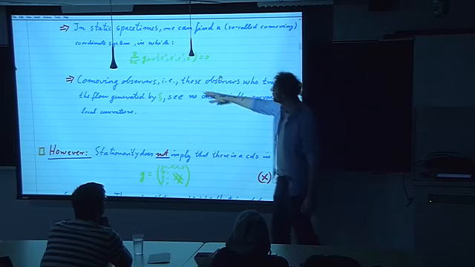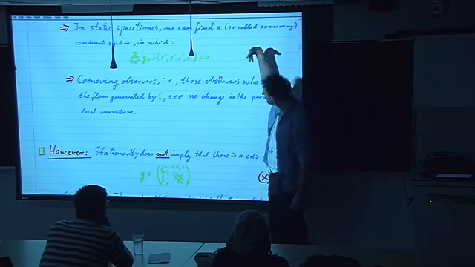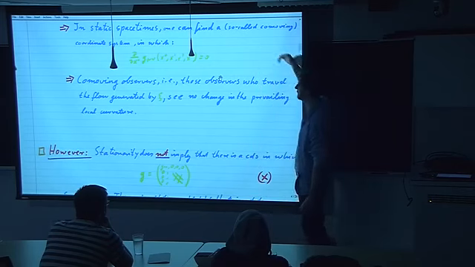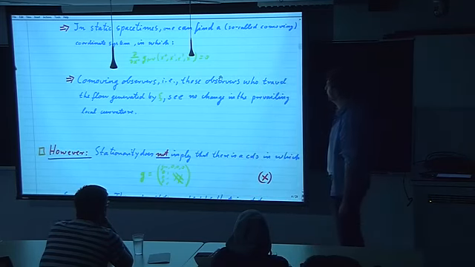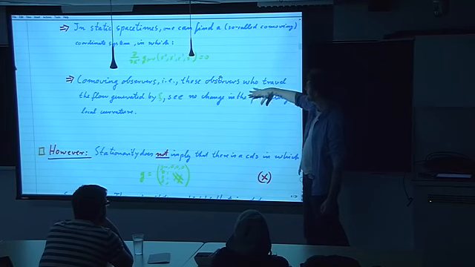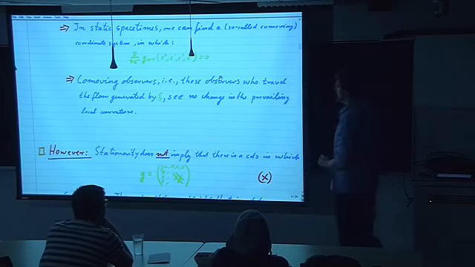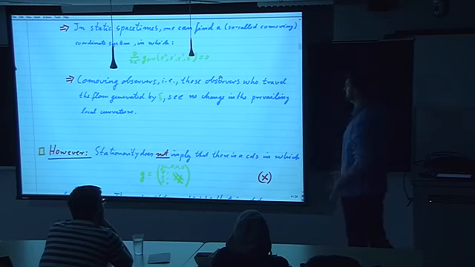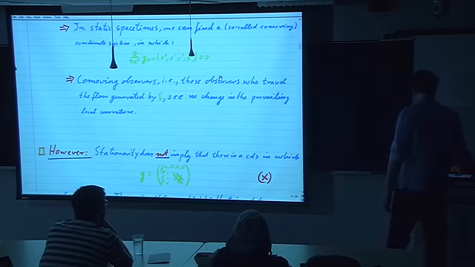Physically, that means that co-moving observers that flow with the diffeomorphism generated by psi, for those observers, the metric doesn't change in time. The local environment of curvature is constant in time.